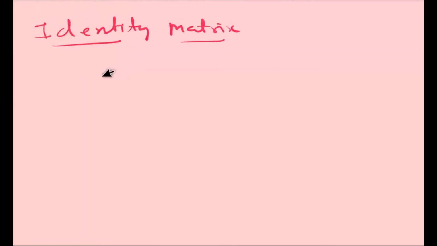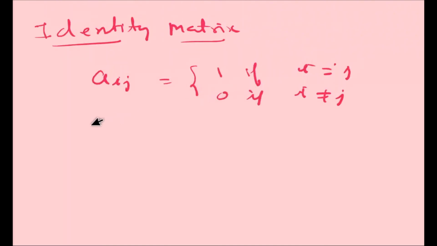So we can say Aij equals 1 if i equals j, and if i is not equal to j, then it should be 0.